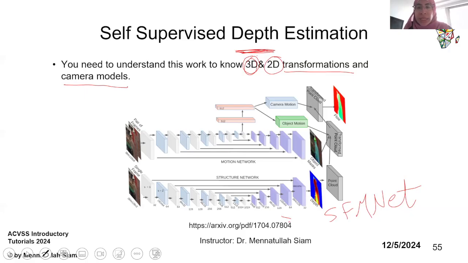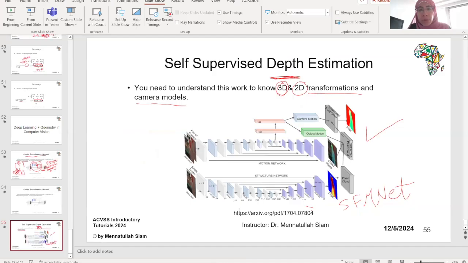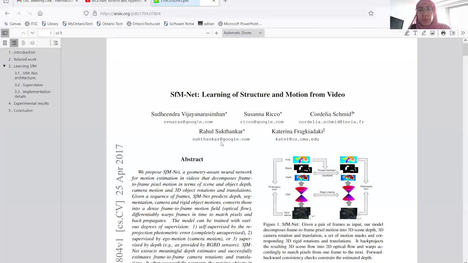So you will see that, and these are again very recent works in depth estimation, still referencing these types of works. I can show you, let me show you the paper. A lot of parts from that paper rely on just a basic understanding, even of how to construct rotation matrices.